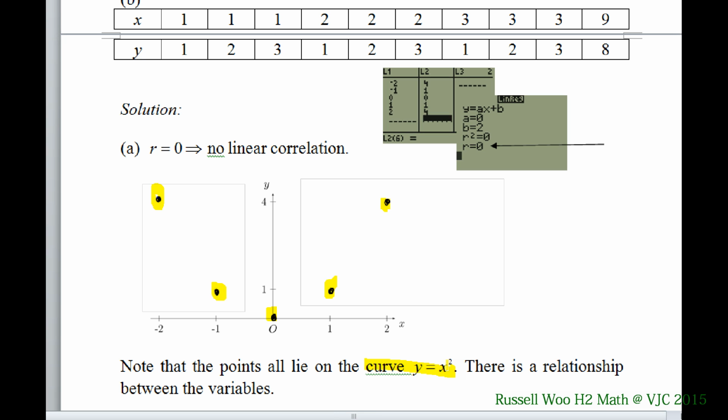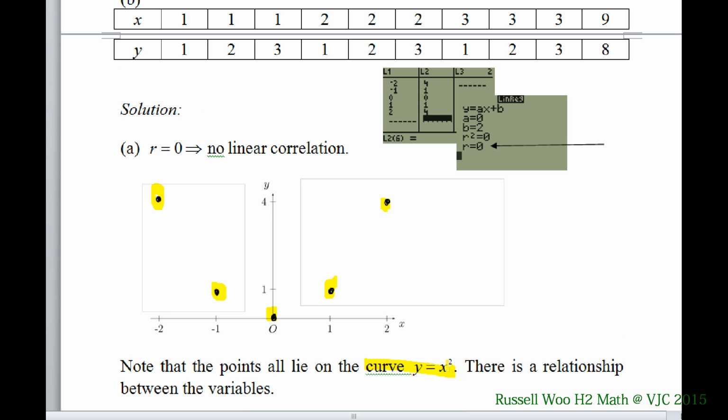It's just that there's no linear relationship. Follow? Because R is 0, and the scatter diagram also suggests that there's no linear relationship. But there is a relationship. It seems that there is a quadratic relationship. So that's to tell you that actually R only measures linear correlation.